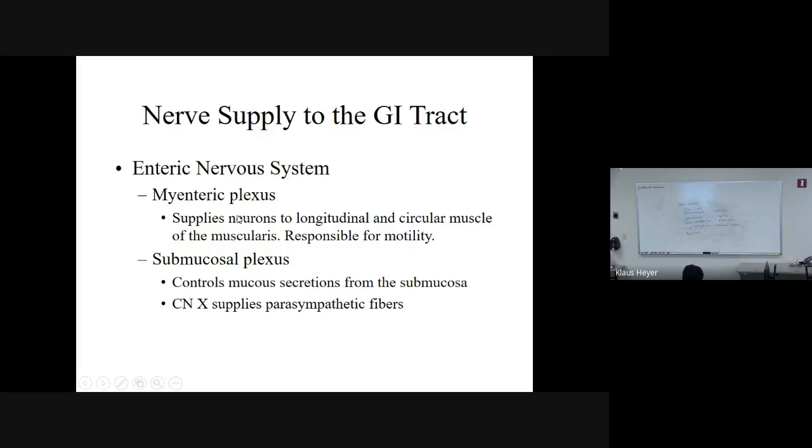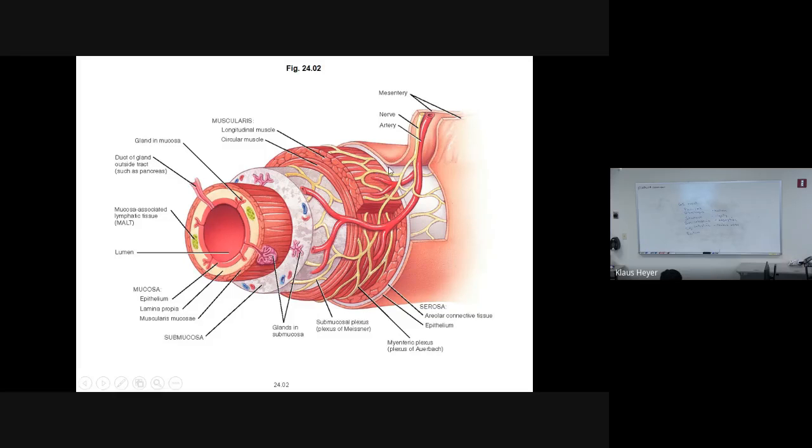That's more of an anatomy thing. I'm going to come right back to this, but here's the nerve supply. These nerves, if you see them, are going to the muscle. If you follow this down, it's saying myenteric plexus. So they're going to the muscle, and these nerves are also going to the submucosa.